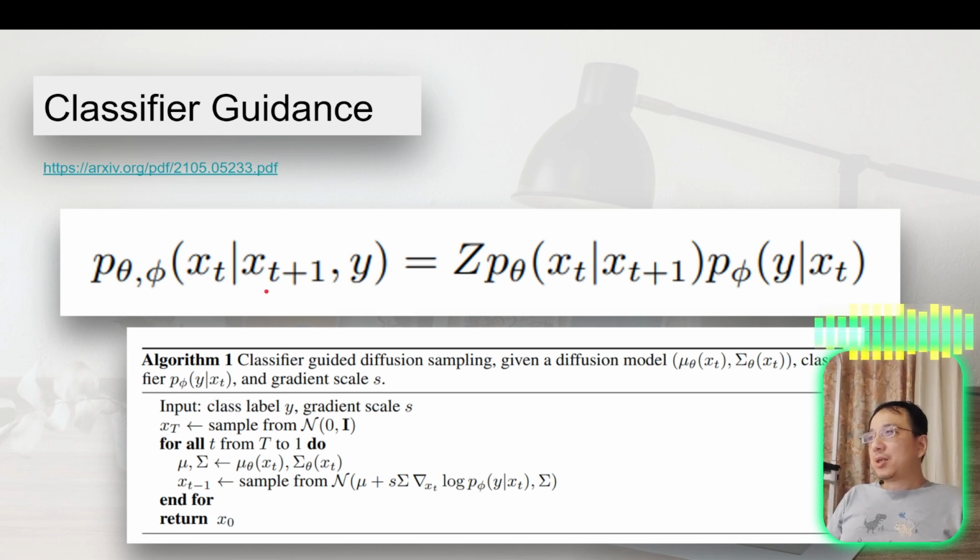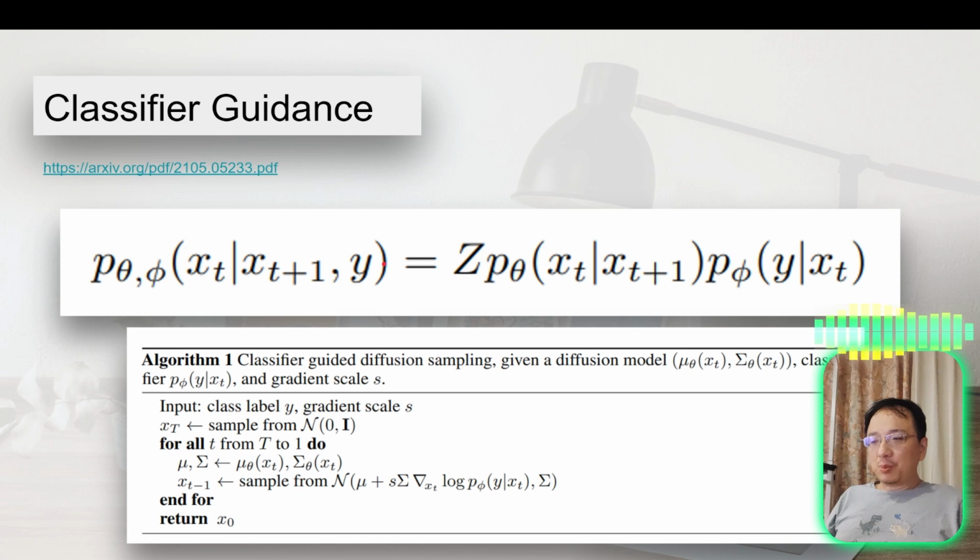In the conditional setting, the denoising process has to be conditioned also on the condition y. This y can be a prompt or a class of the image, or maybe a reference image. For the sake of simplicity, let's first think of this one as a class.